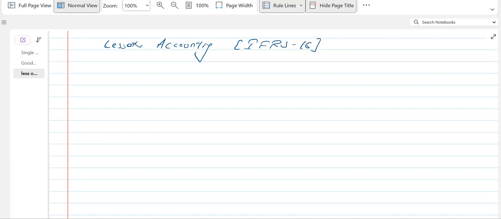So the lessee accounting has been changed in the new IFRS 16. It's not new, obviously. It has been so many years now, from 2016 to now. But it was the same treatment within IS 17, the previous standard, as well.